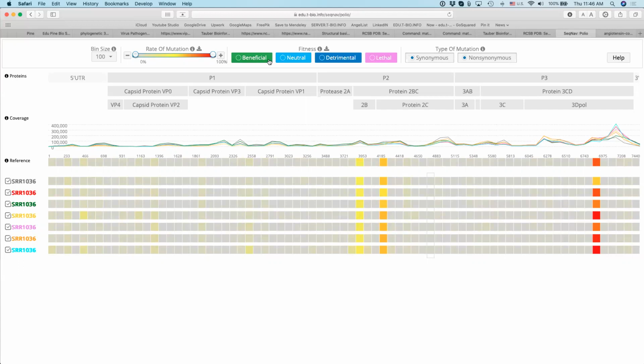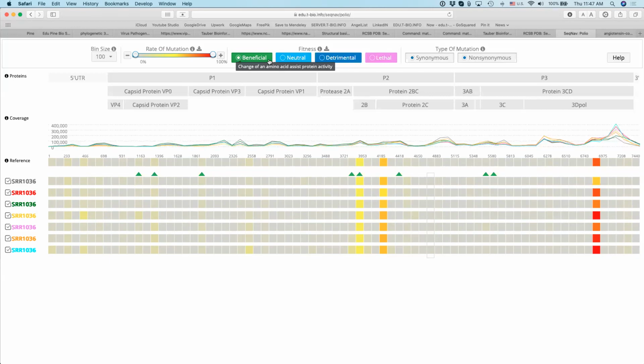The fitness helps us understand whether these are beneficial for quasi-species replication and composition. What are quasi-species? Quasi-species are groups of very similar genomes that all occur in a passage, right? So a passage is a group of cells where the virus is grown, it replicates, and then whatever ends up getting out of those cells is taken to the next passage, etc.